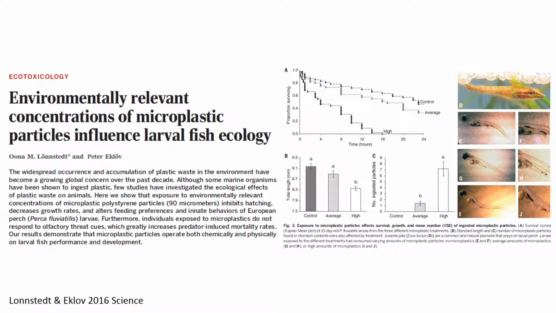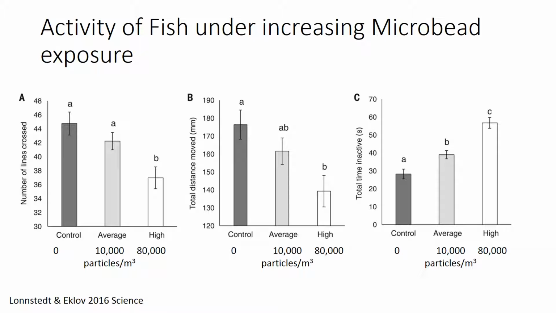And the reason for that is not entirely clear, but there are a whole bunch of things that go on. So for instance, the control is where they've not added any microplastics, and then they've added 10,000 and 80,000 particles per meter cubed of microplastics, and then they've observed the behaviour of the larvae.